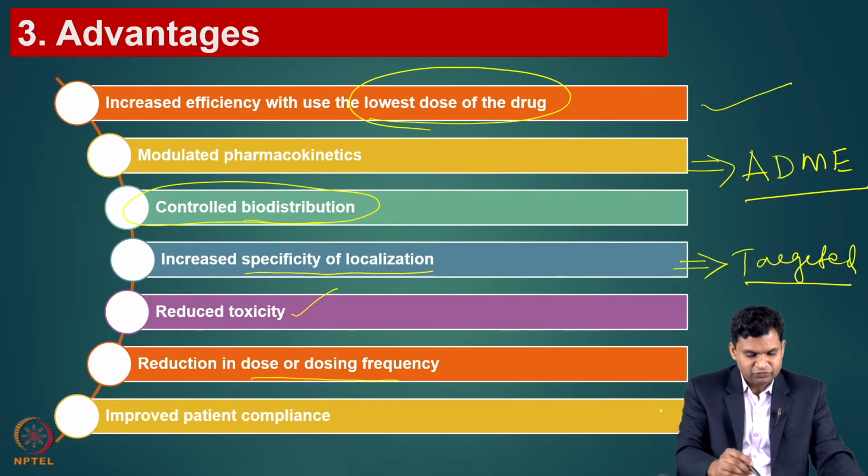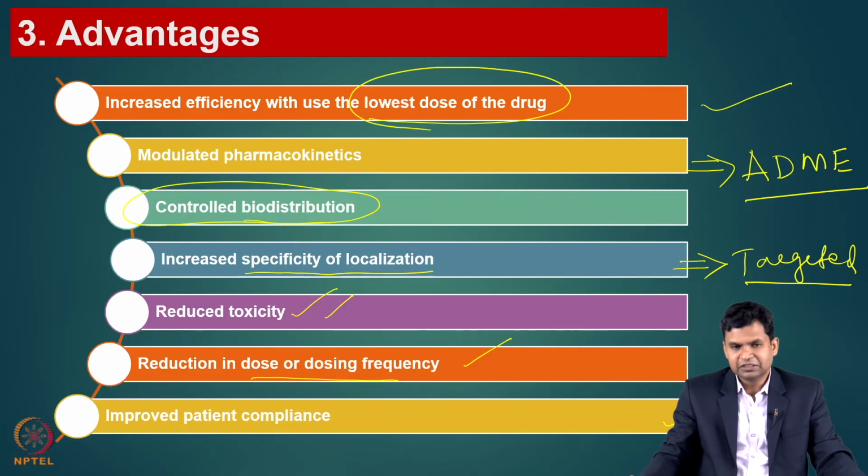And if you reduce the toxicity and dosing frequency, you can improve patient compliance. Targeted delivery, especially for infectious diseases and cancer treatment, has greater advantages compared with conventional therapies.